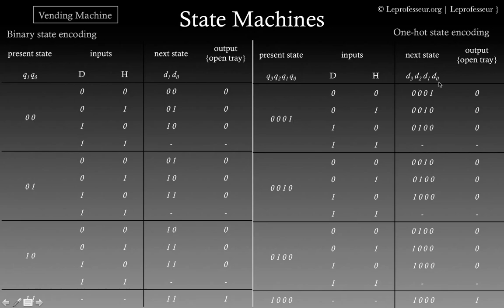It's fairly simple. Say we are in this state, 0 0. So 0 0 means we are in the Q0 state and one bit is set. Now we are in the Q2 state, so the second bit is set.